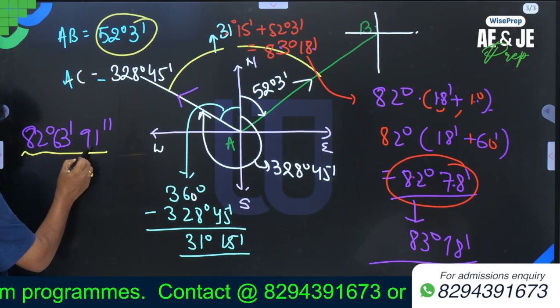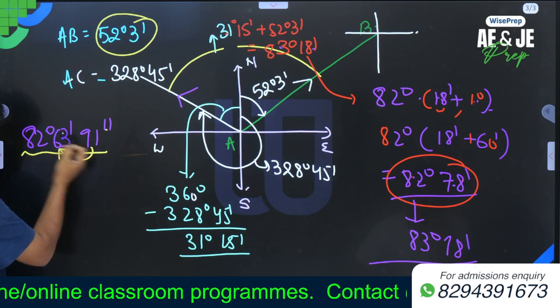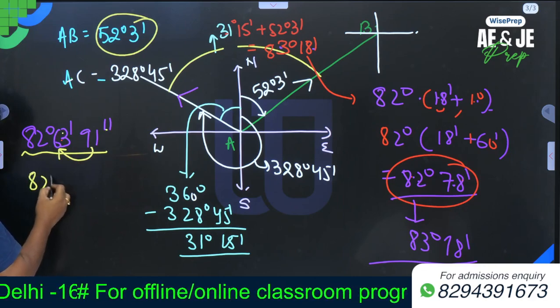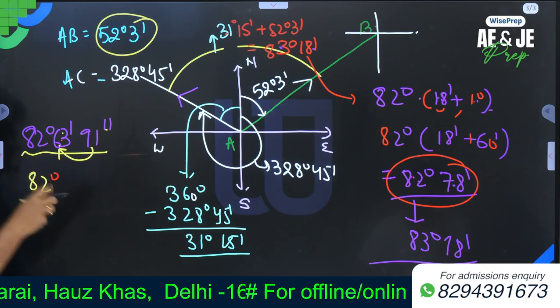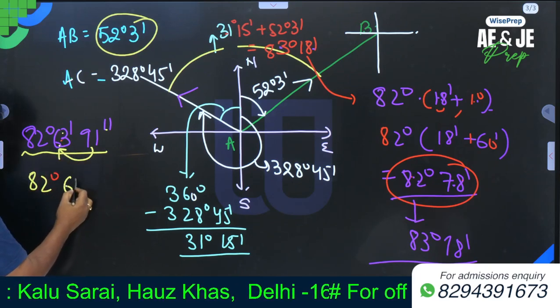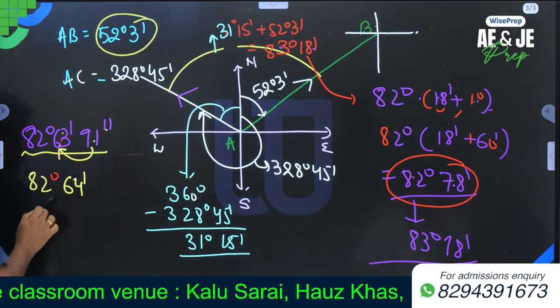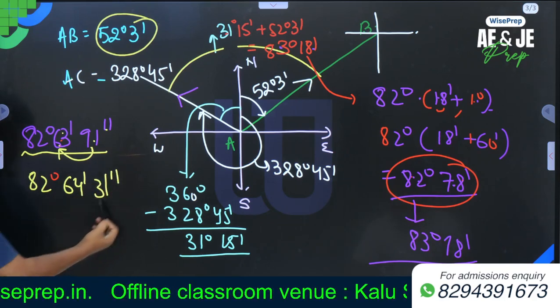We give 60 second to here. So when you are giving 60 second to here, 60 seconds is equal to how much minute? 1 minute. So 63 plus 1, 64 minute. When you give 60 second to here, how much second left here? 31 second. All right, now it's less than 60.